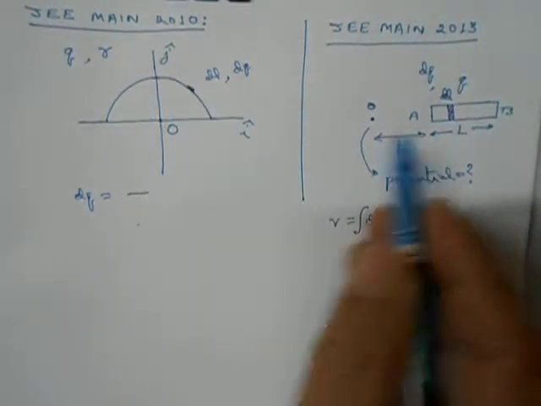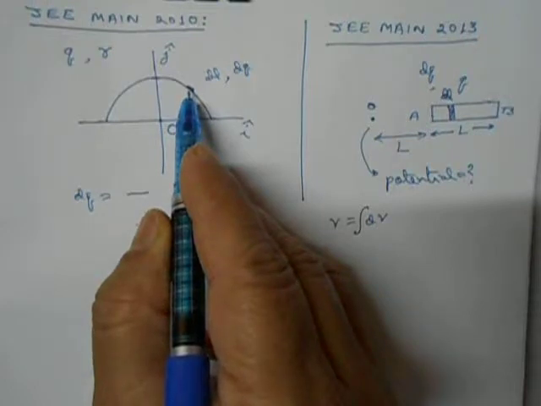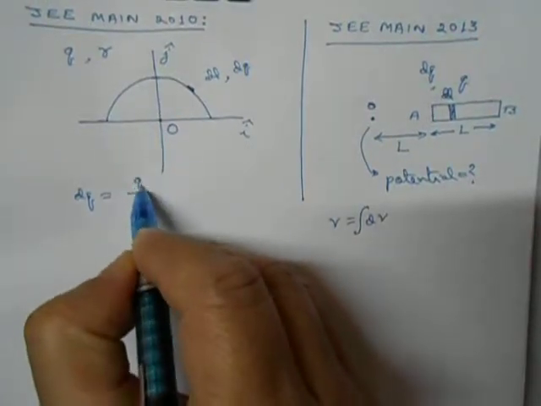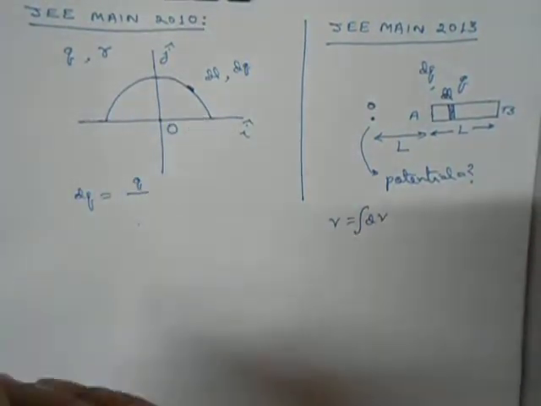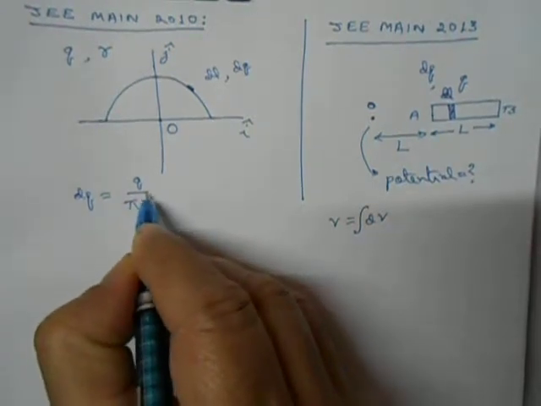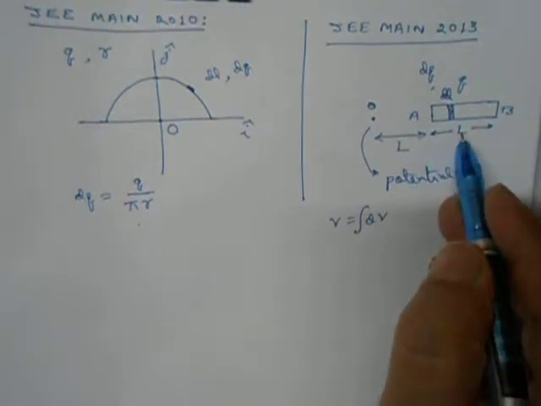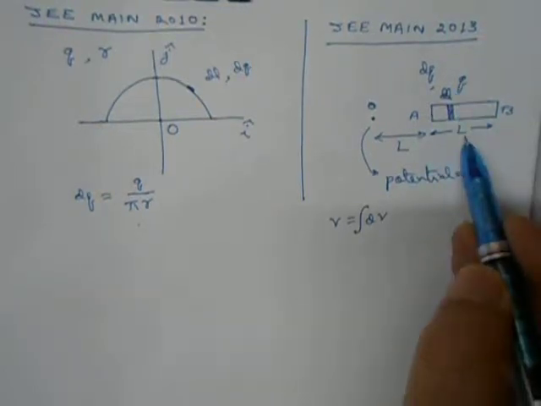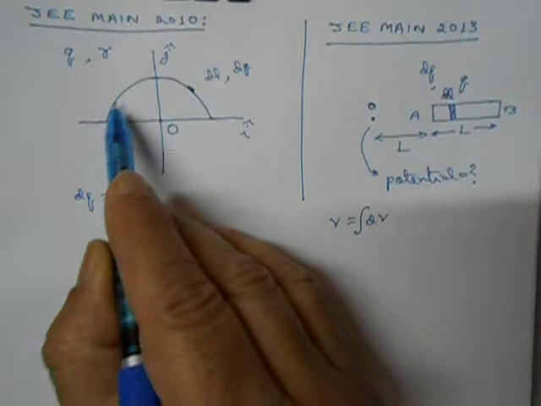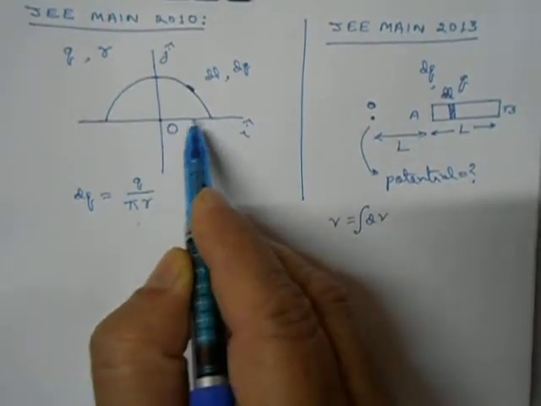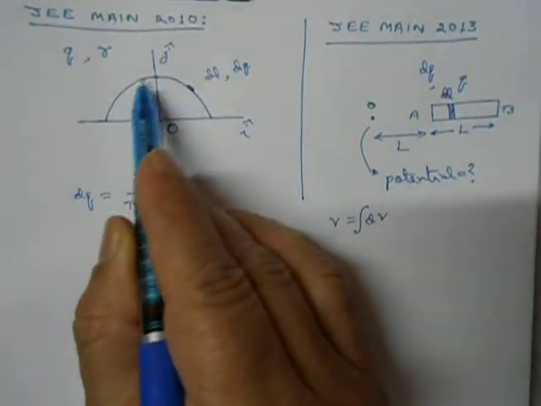Similar to this. So charge per unit length will be, total charge is q, total length is pi r. Here the length was capital L, so charge per unit length was q divided by L. But here this length is not given, radius r is given, so we know this is a semicircle.